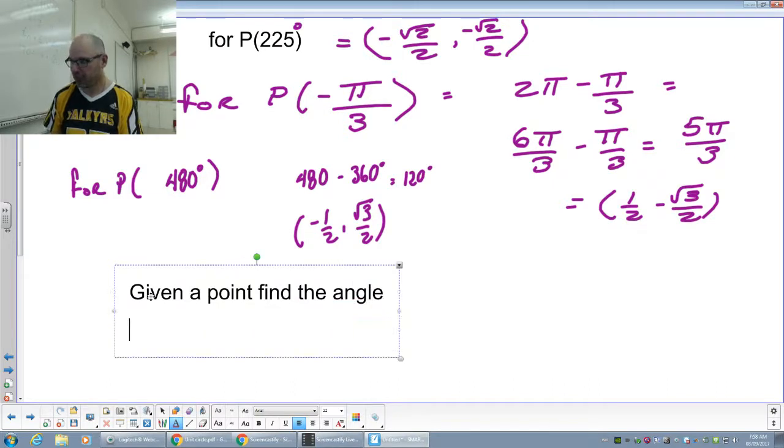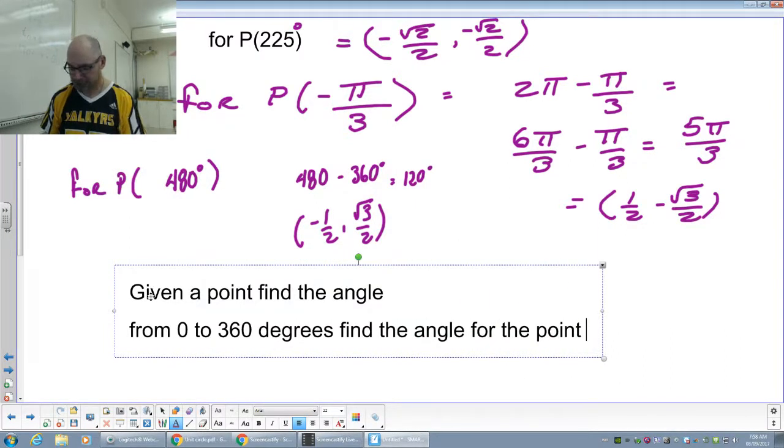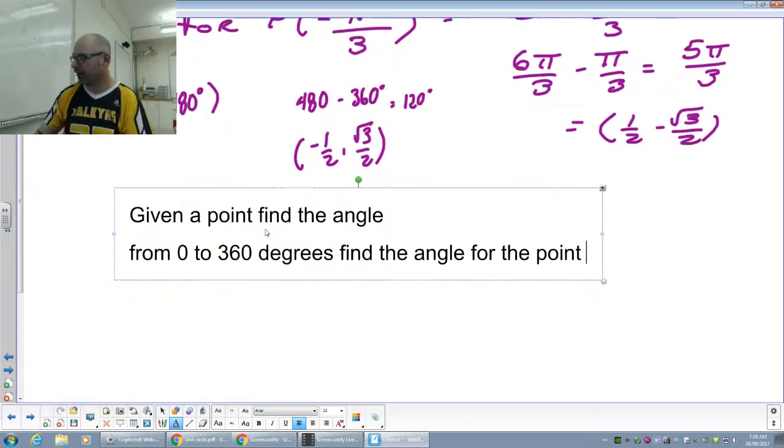From 0 to 360 degrees, find the angle for the point. Let's say the point is, because I got to use roots here, let's go back to pen here. Stupid flies just flying around me.